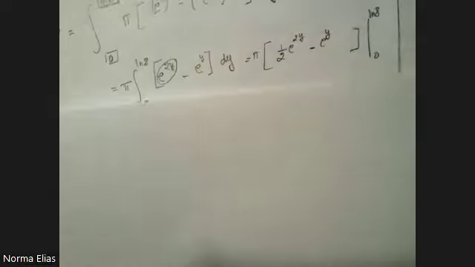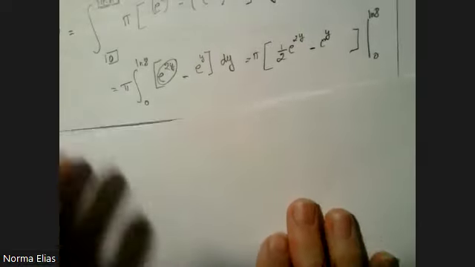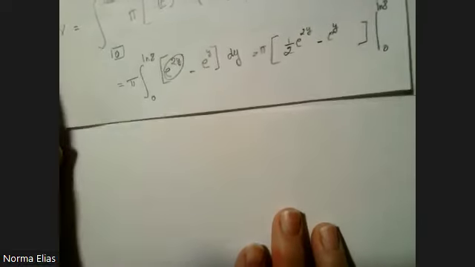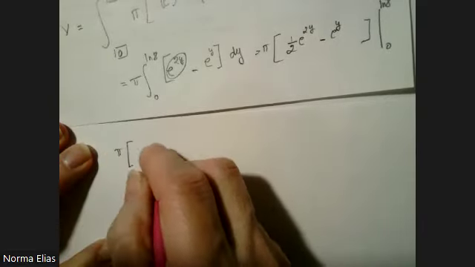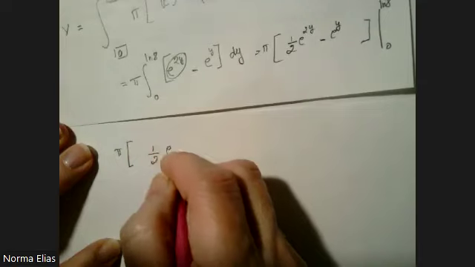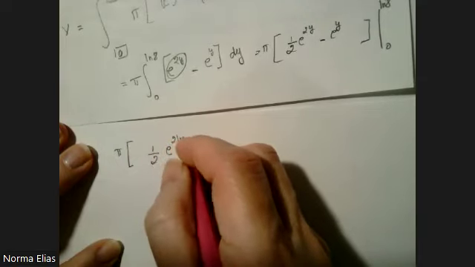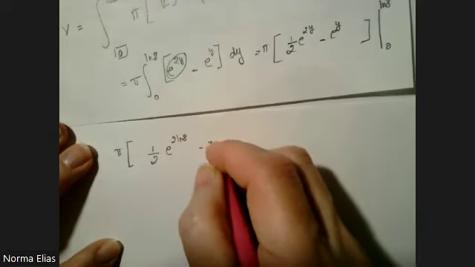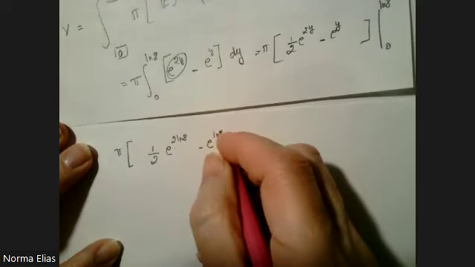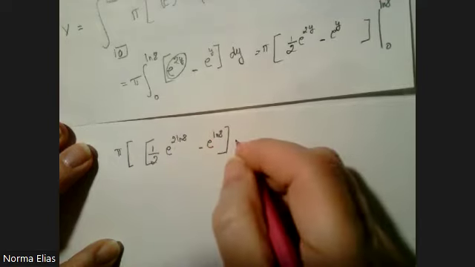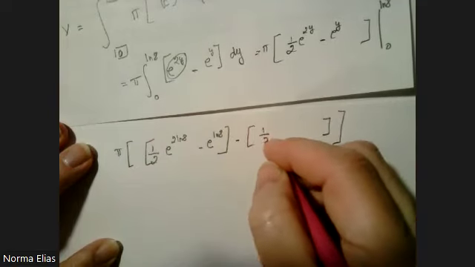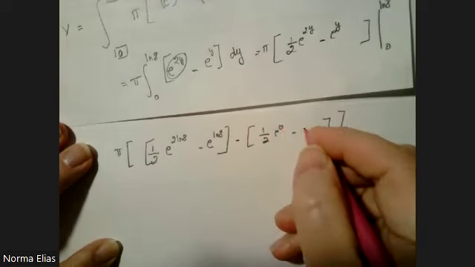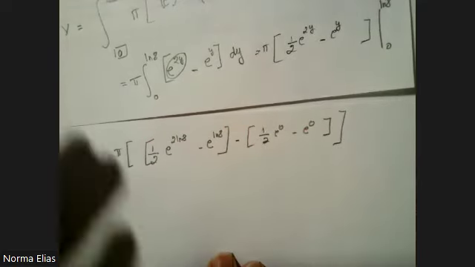Right, so finally, this will give me the following. Pi times a half e to the power 2 ln of 8 minus e to the ln of 8, that's at the upper limit, minus at the lower limit, half e to the 0 minus e to the 0.